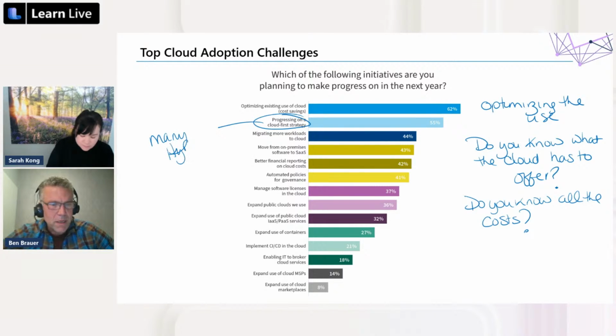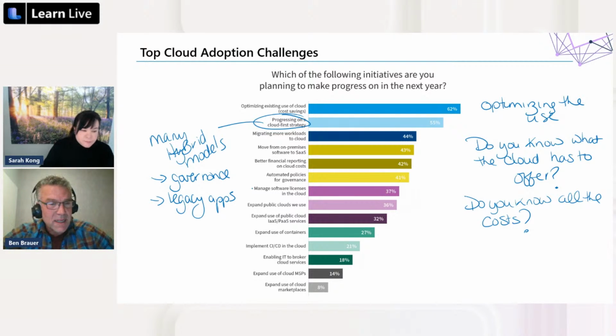In fact, we have some really good strategies at Microsoft to make sure that your hybrid model is intact and running as efficiently as possible. Things like governance, legacy, and understanding network requirements are all things that are brought up in these sorts of hybrid models. But you need to understand how they work. And so, back to skilling.